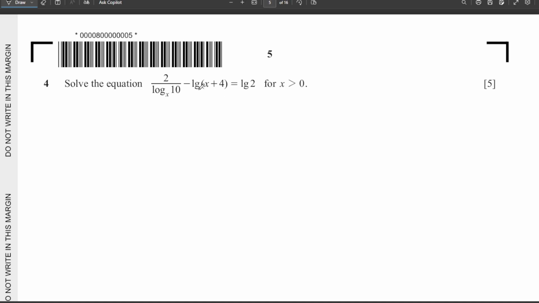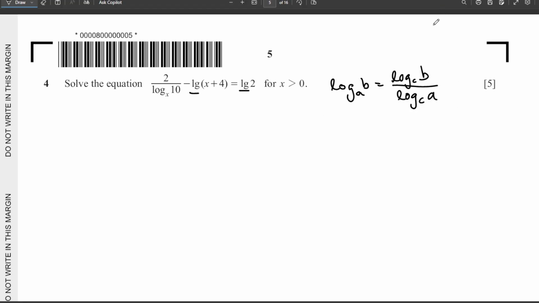First of all, we can see lg, that is log base 10, and we have a log base x here. So let's try to simplify things by changing this base to log base 10. If you forget the change of base formula, if I want to change into log base c, I will take log base c of b over log base c of a.